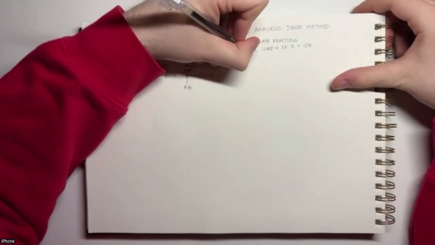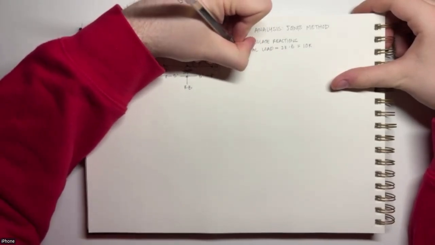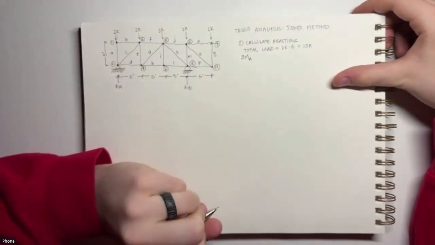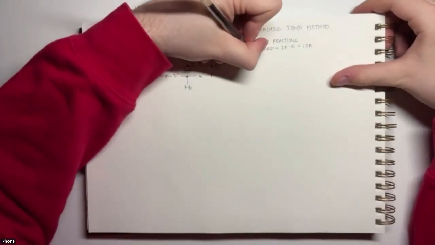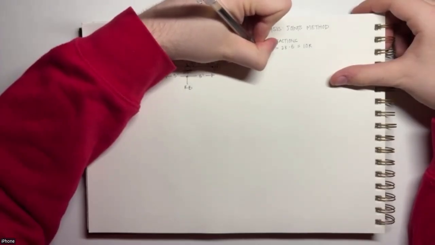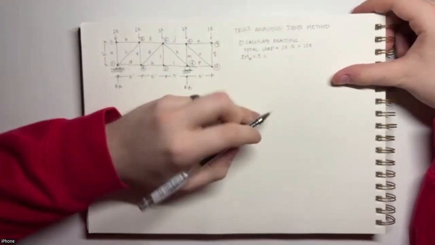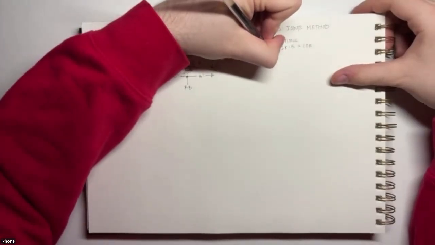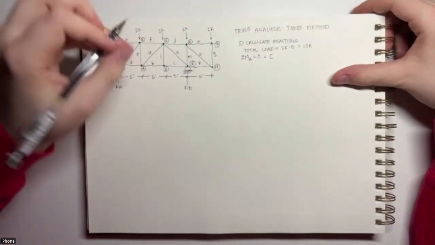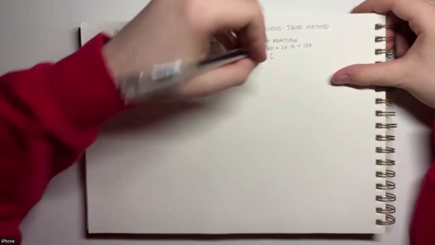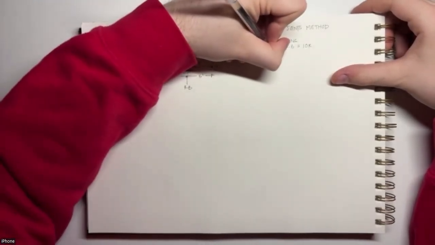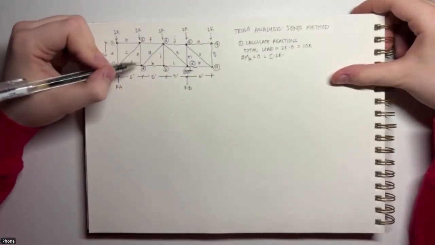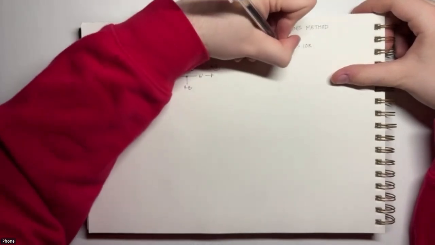Now, let's look at the sum of the moments about A is equal to 0. And that's going to be equal to negative 2 kips times 5 feet.